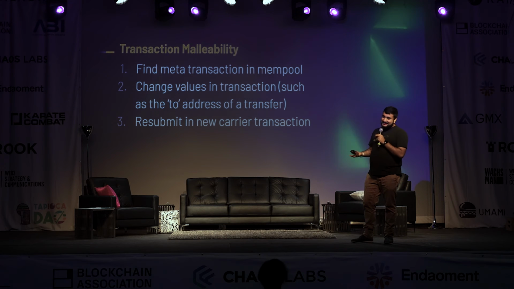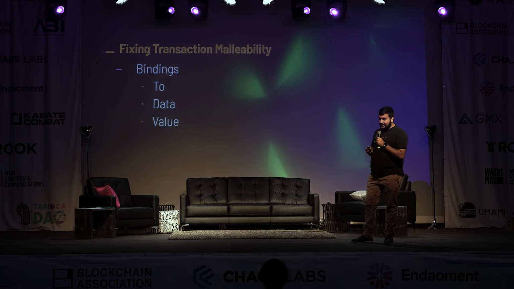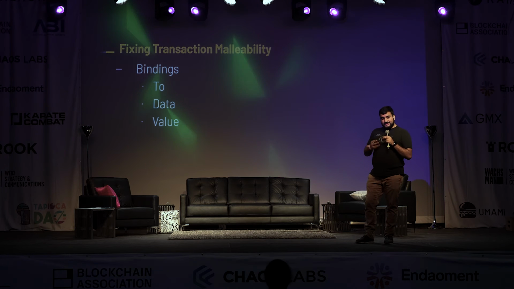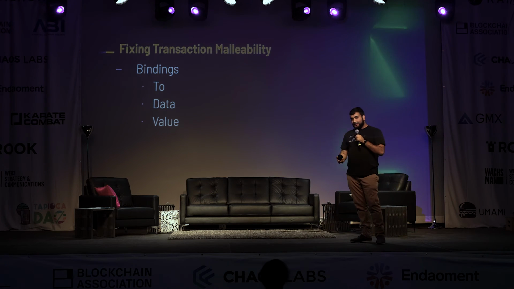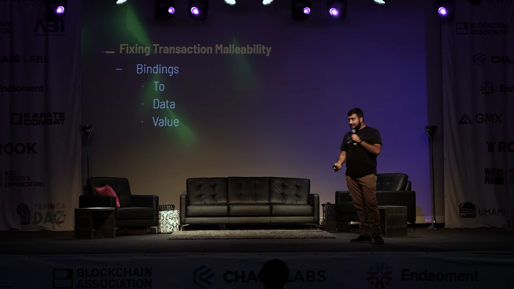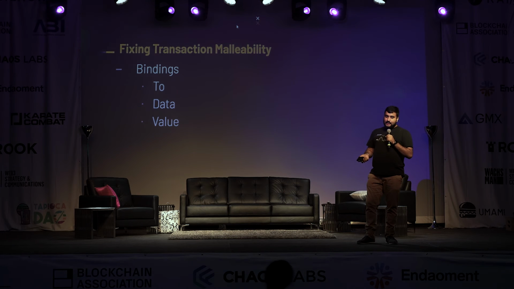So the way that we'd fix that is if we look at a regular ETH transaction, right? We've got a signature which signs all of these fields, but essentially we can consider that as binding those fields to the validity of the transaction. So if I change any of these fields, then when I submit the transaction, the signature doesn't validate, so it's no longer a valid transaction. Only the original values can be submitted.